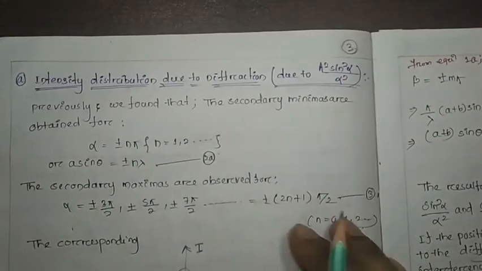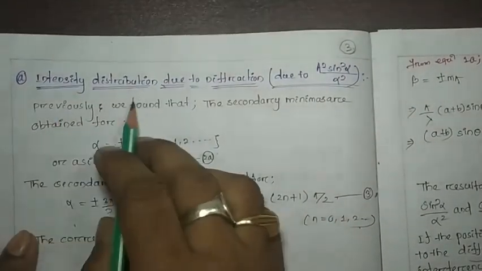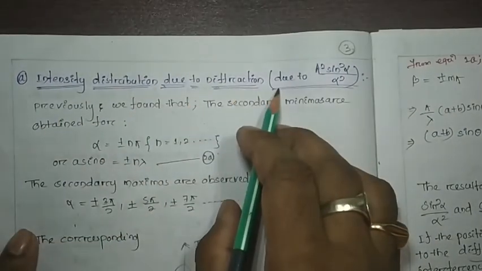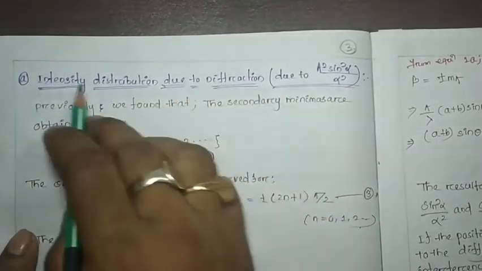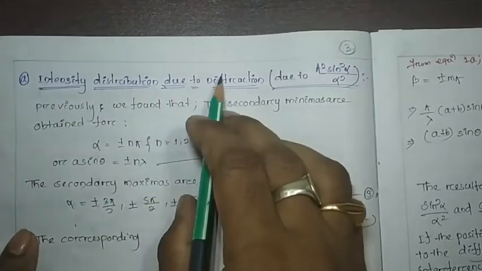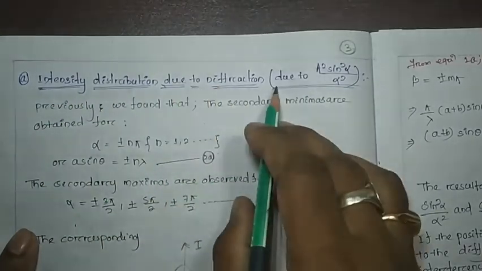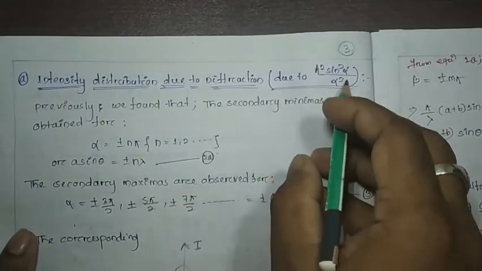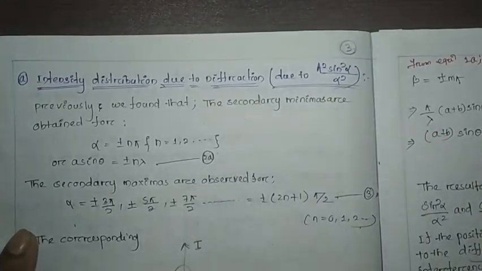First we have to consider the intensity distribution due to diffraction, or it can be written as the fringe pattern or diffraction pattern, due to A square sin square alpha by alpha square.